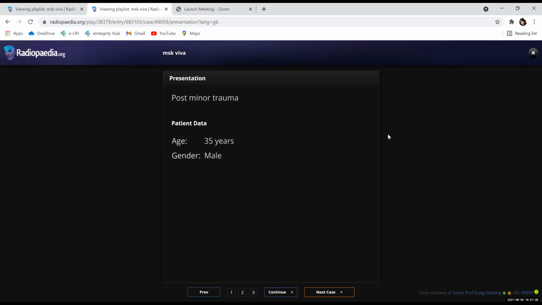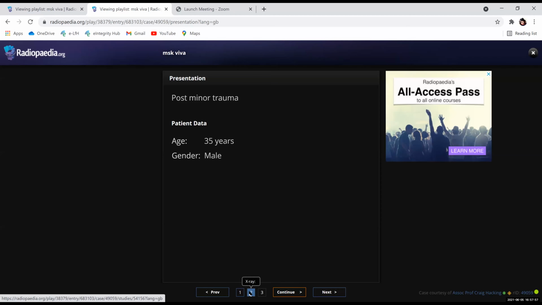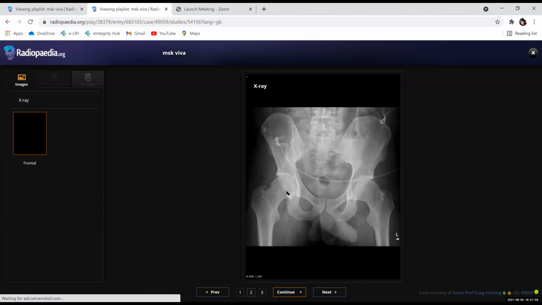Okay. So post minor trauma, 35-year-old male, post minor trauma. This is a pelvic radiograph of a 35-year-old with a post minor trauma.